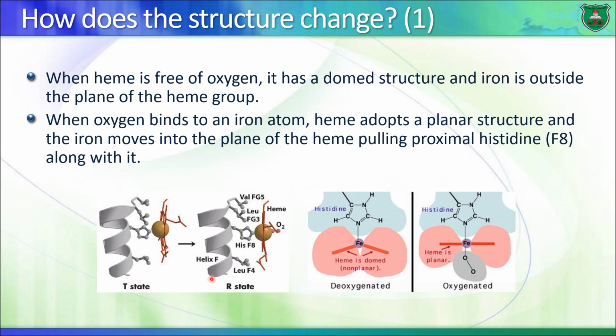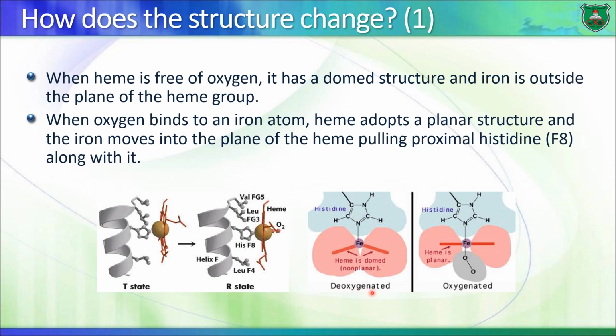See, what happens is that when hemoglobin is not bound to oxygen, the heme molecule has a dome-like structure. So it looks like a dome. Okay, it's not straight. You can see it here as well. So what happens now? This is the proximal histidine.